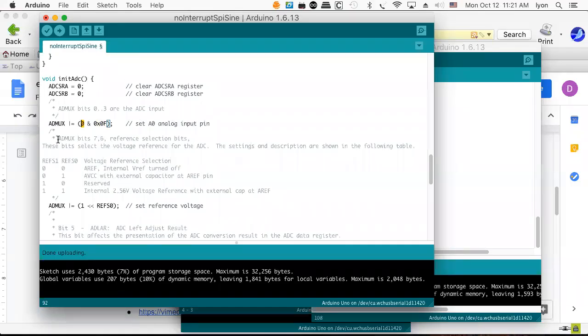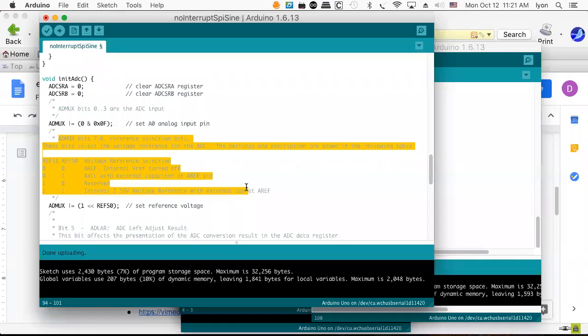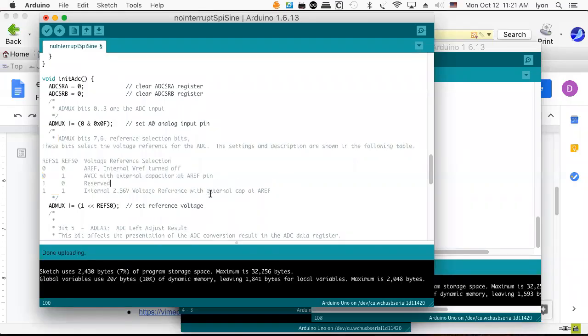So what you want to do is then look at your reference voltage inputs, and you can change that. And what I've done in here is I'm using the REF0. REF0 is being set to 1, and so that says I'm going to use the VCC with an external capacitor at the analog reference pin.